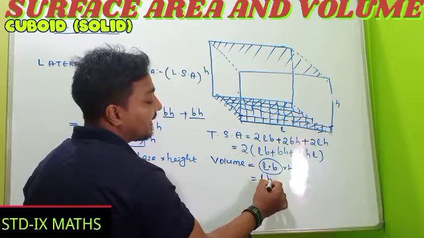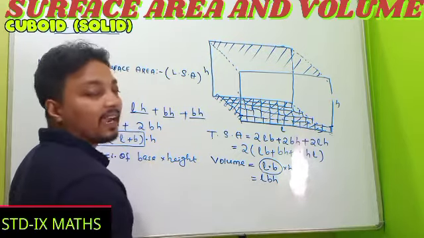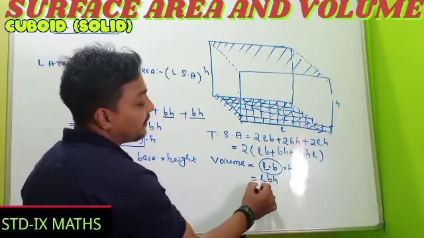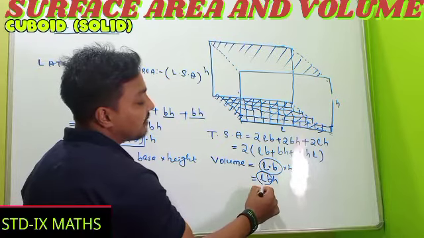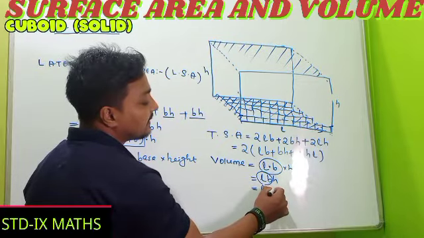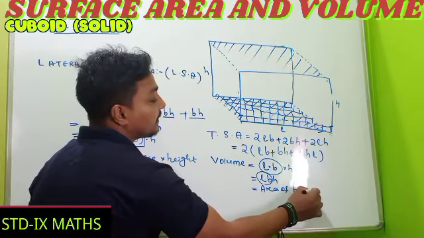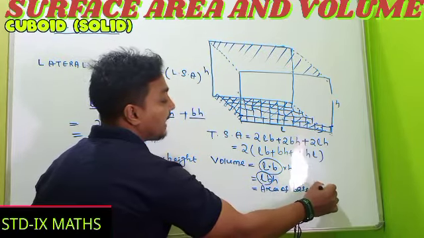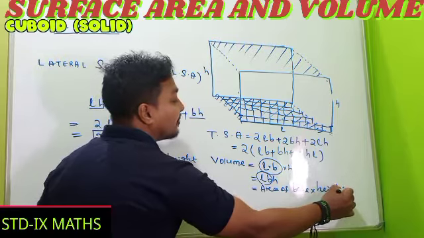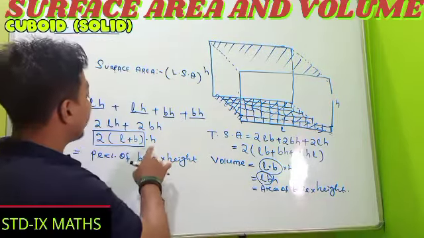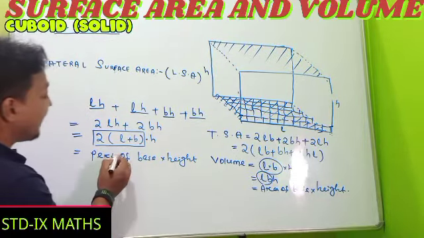It will be L into B into H. And also, as a shortcut, one can remember L into B means it is our area of the base, into height.